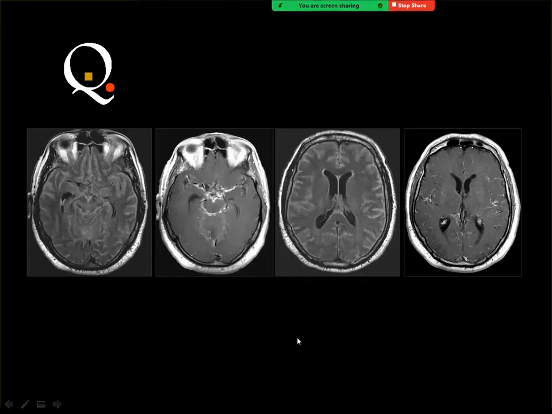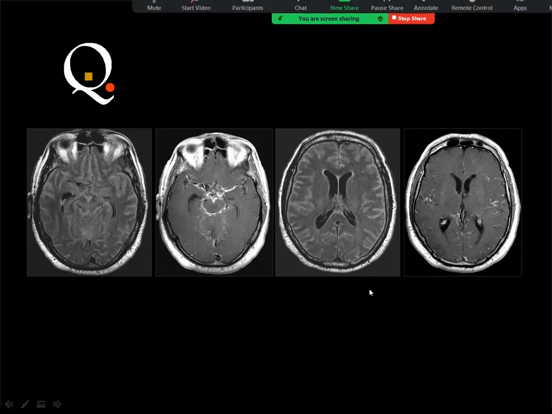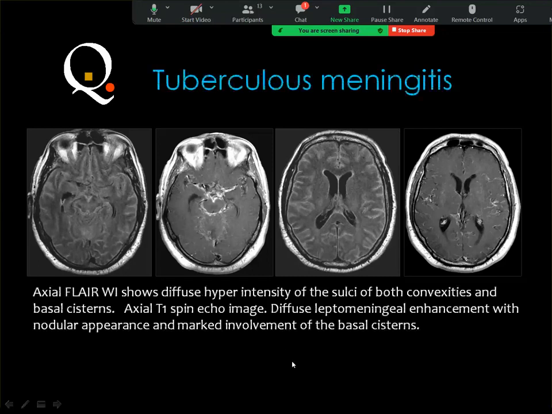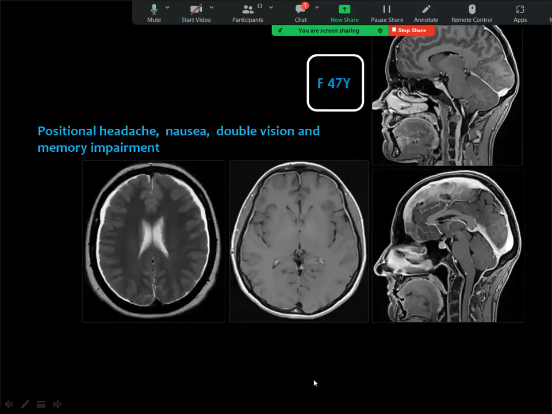This is meningitis. You get high signal in the CSF spaces, meaning that this is no more CSF, and you get enhancement of the meninges and the leptomeninges. This is meningitis, and of course, the frequent cause of meningitis in our country is related to TB, but many other causes can be included.